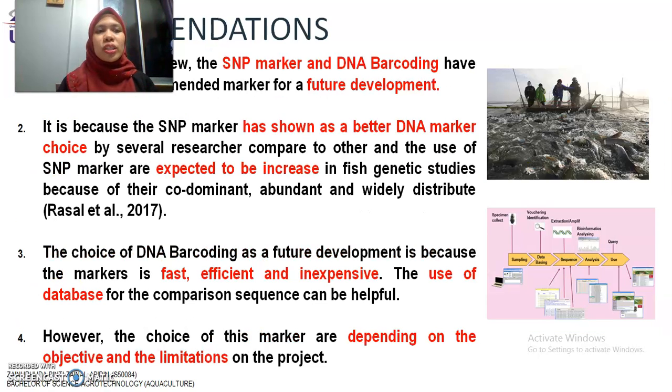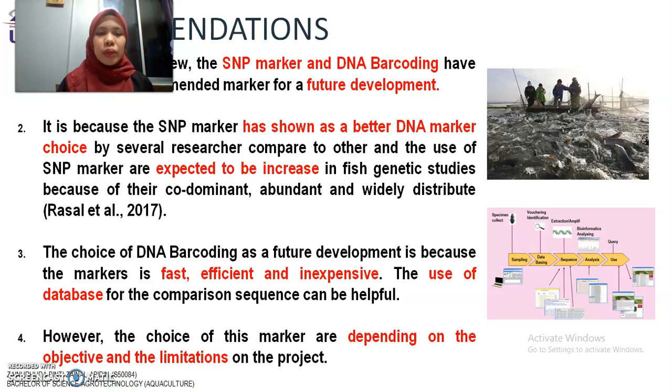And for the recommendation, based on this review, I recommend that the SNP marker and DNA barcoding be used as markers for future development. It is because the SNP marker has shown better data application compared to others, and according to Russell, the use of this marker is expected to increase in fish genetic studies because of being codominant, abundant, and widely distributed.